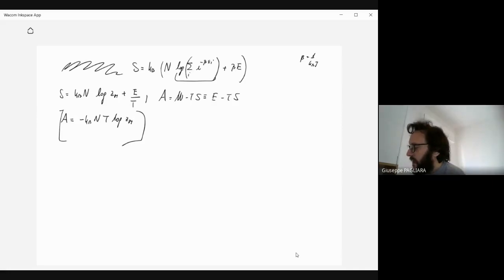I can derive the entropy, which is just proportional to the log of the canonical partition function times N plus E over T. And then I can get also the Helmholtz free energy. So this partition function, zeta m, is basically the link between microphysics and thermodynamics.